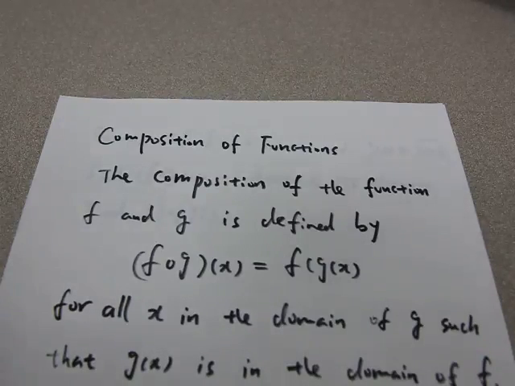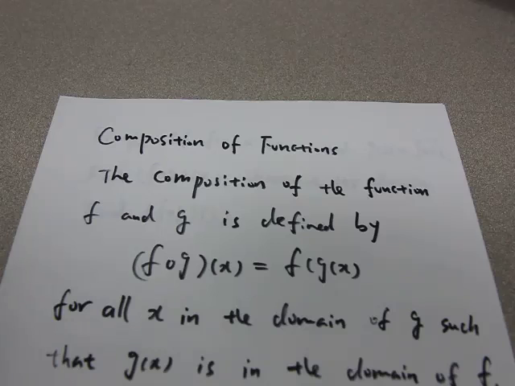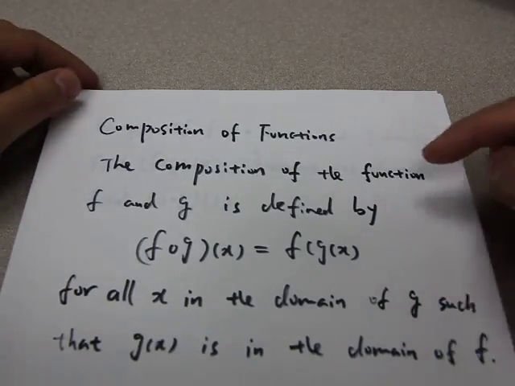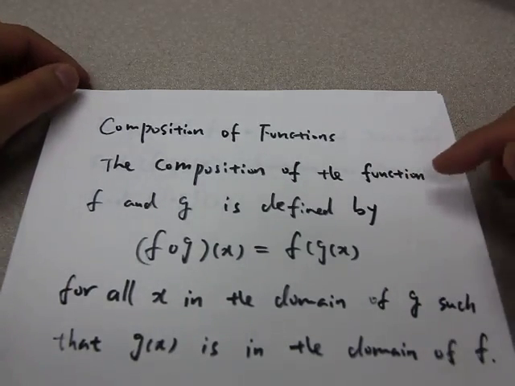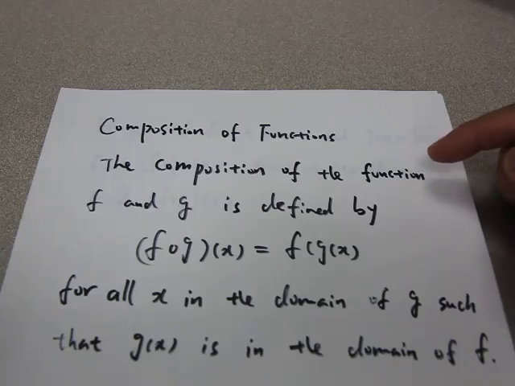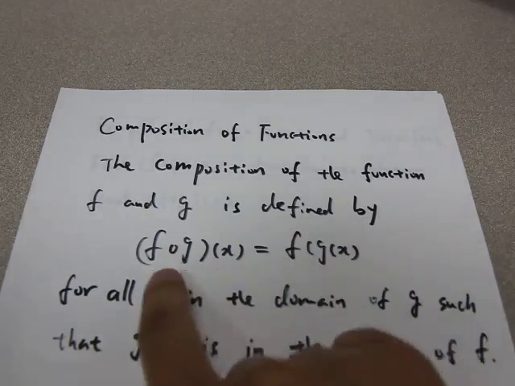Okay, in this video, we're going to study how to use the two given functions, f(x) and g(x), to define the composition of f(x) and g(x). Now, this is the definition. The composition of the functions f(x) and g(x) is defined by this.